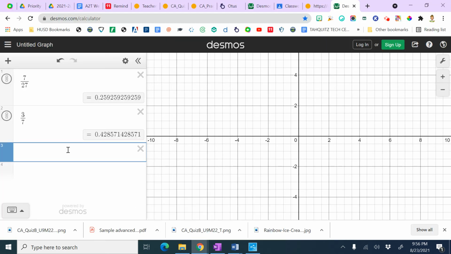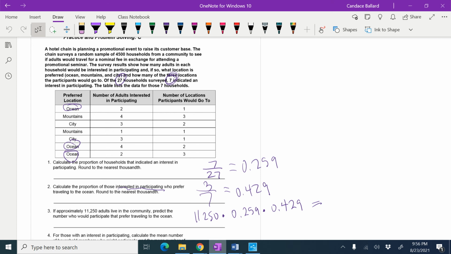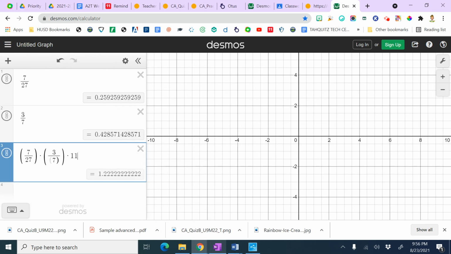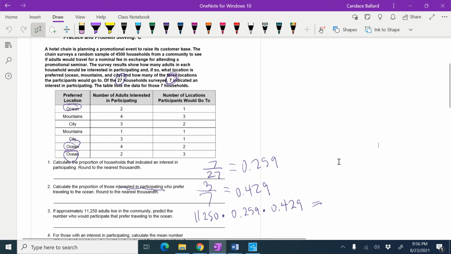So I'm actually going to do parentheses 7 divided by 27 times 3 divided by 7, and then times, and let's see, the number was 11,250. So I would get that 1,250 people would be the prediction on how many would prefer to travel to the ocean.